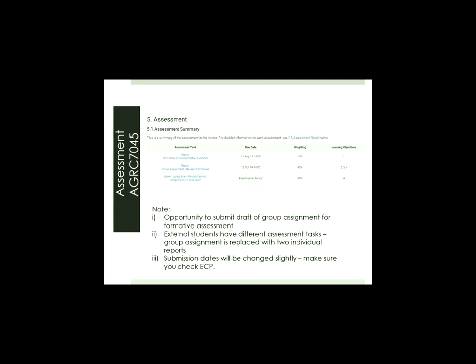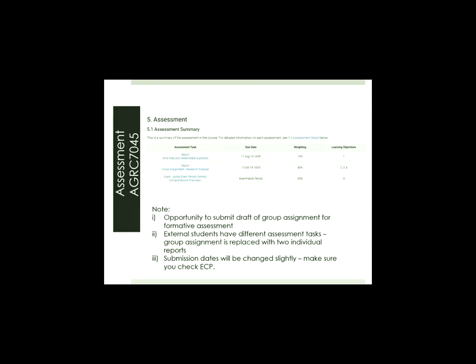The first one is to think about research questions and develop a mind map, and we'll talk about mind mapping this afternoon, after the lectures. For that assignment, we want you to think about a research topic, develop a mind map around it, and then state a few research questions that could be investigated.